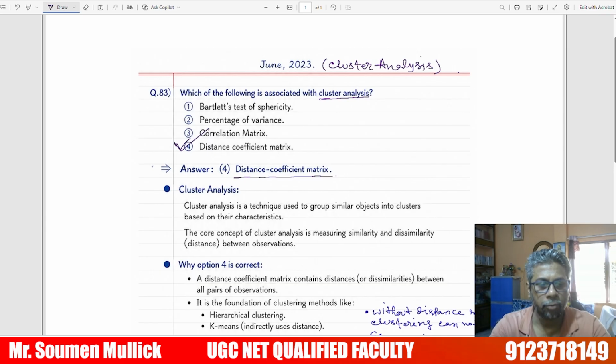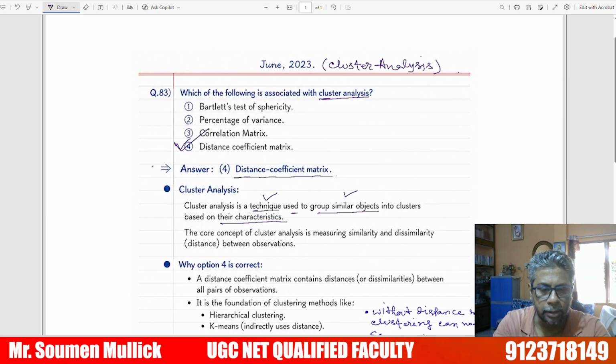The point is, first of all, we have to understand what is cluster analysis. Cluster analysis is a technique used to group similar objects into clusters based on their characteristics.